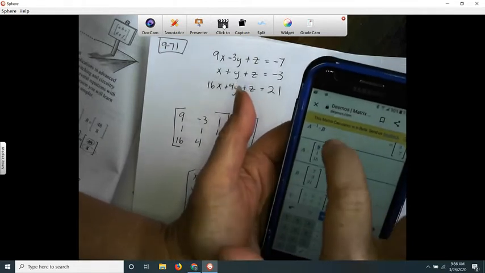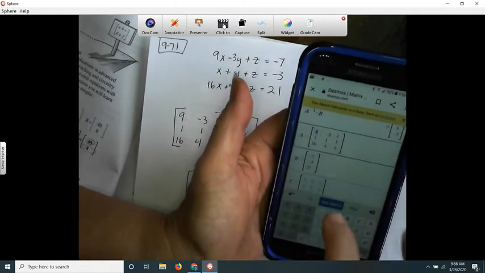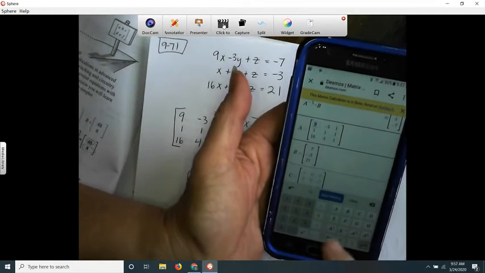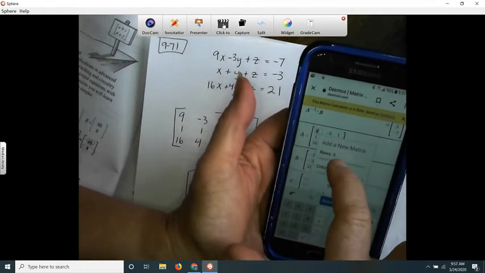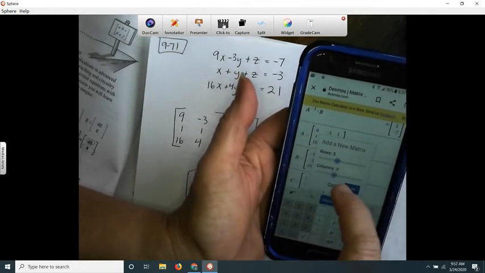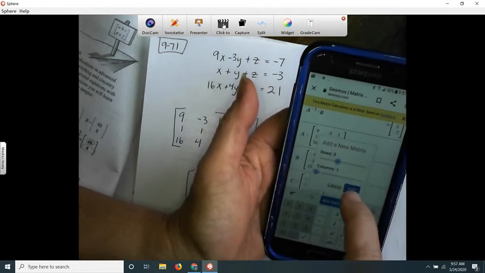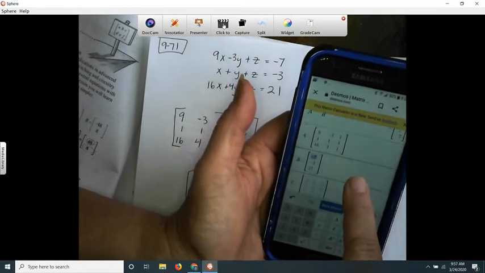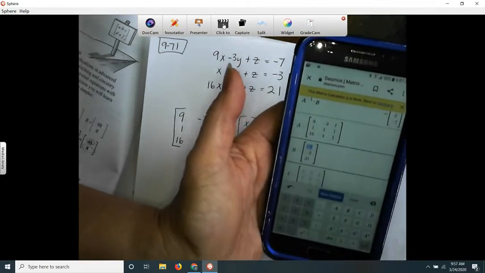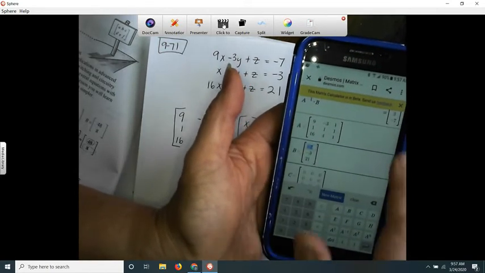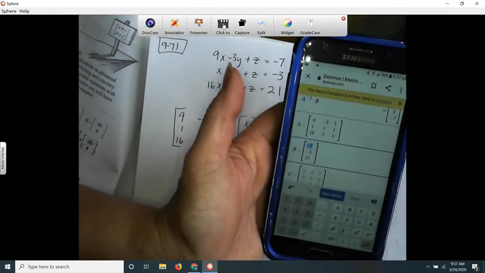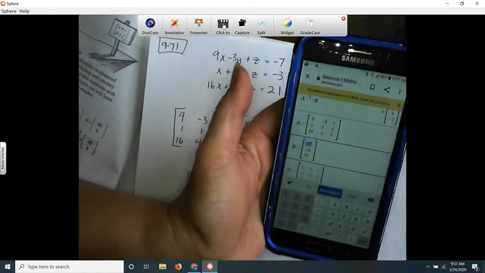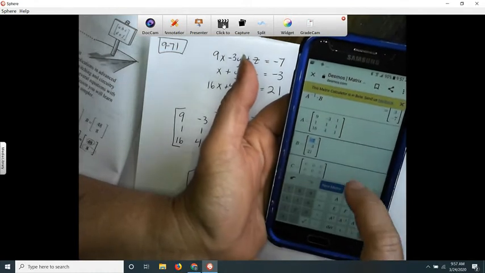Then I pushed new matrix again. I wanted 3 rows and 1 column like that. It'll let you do as many as you want, but I didn't want to waste time on my video typing all the numbers in. So there's A and B. Then I pushed A inverse, and you have to click somewhere else, though.